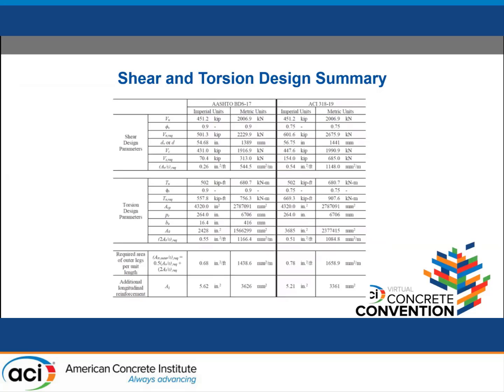Yes, pretty much similar to Gary's question. The reason why the A_v over s is so different here is because, firstly, as you can see there, for the strength reduction factors, AASHTO uses 0.9 while ACI uses 0.75.